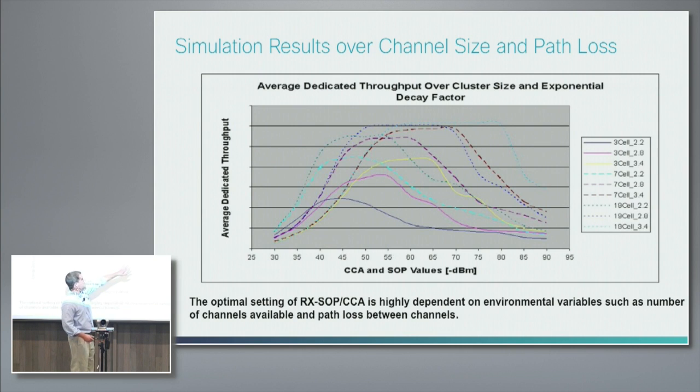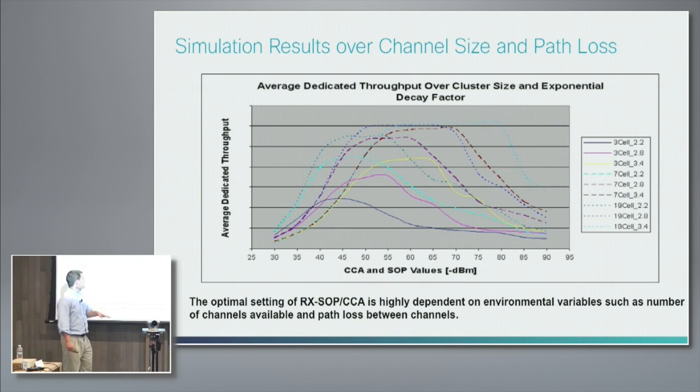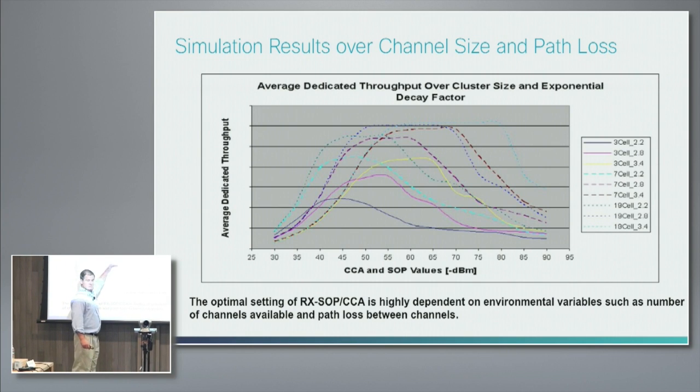But with smaller cells, where you have less path loss between APs, you don't get as much throughput as you wanted because in those situations you are also a little bit more SINR limited. So it's highly dependent on your deployment, and it's not just a one-stop shop value that you could throw into every deployment and expect great results. So it's a tunable feature.